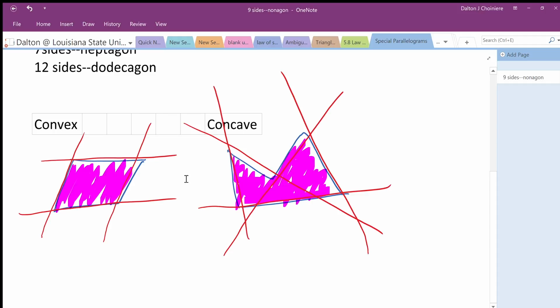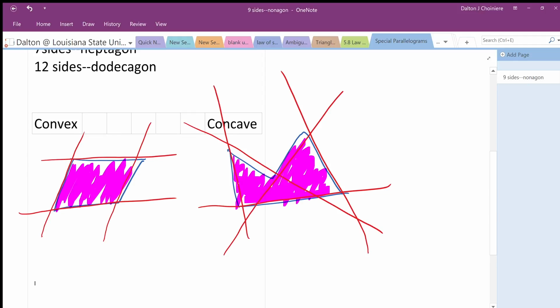It goes through the colored stuff, right? It goes through the center. So concave shape is like if a shape caves in. So if you color on the inside of your shape, then you've got a concave polygon. Convex, it's just very clear cut and simple. It does not go through the center of your polygon at all.